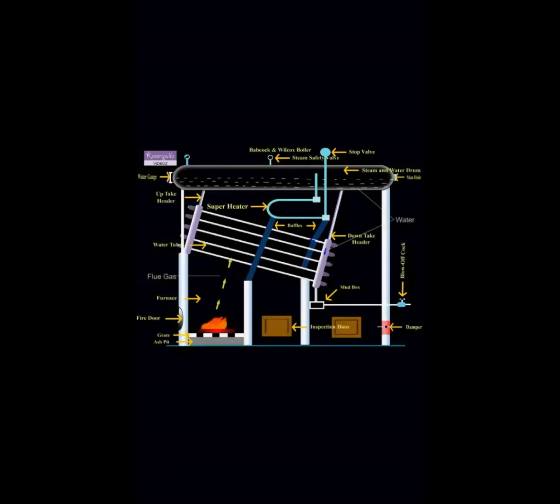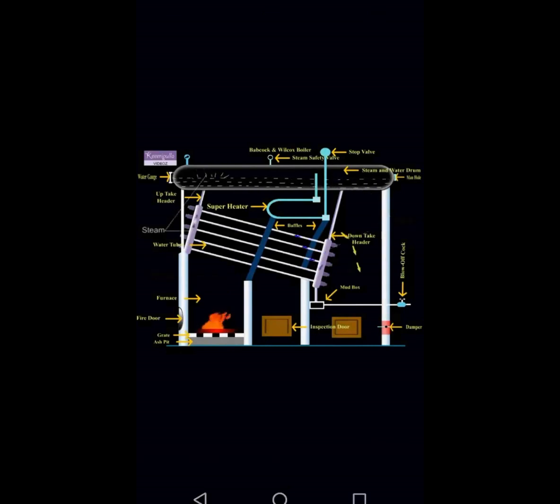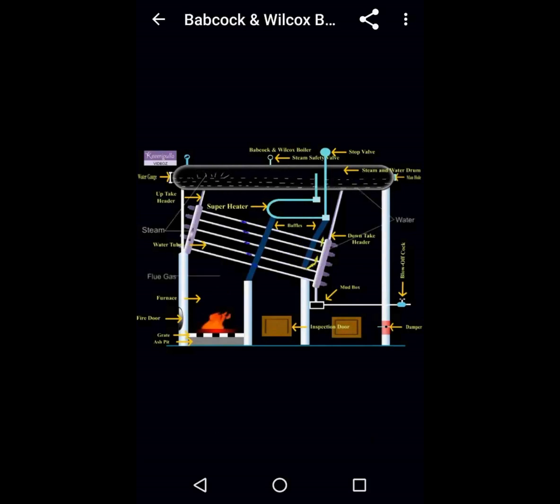The working of the Babcock and Wilcox boiler can be easily understood by examining the flue gas circulation. The flue gas circulation is indicated in the figure as a yellow arrow. Combustion takes place and the hot flue gases move upwards.